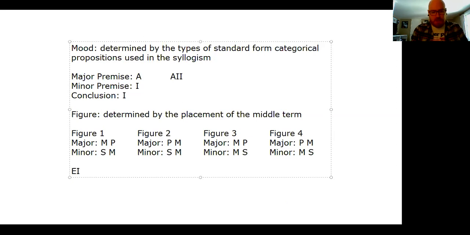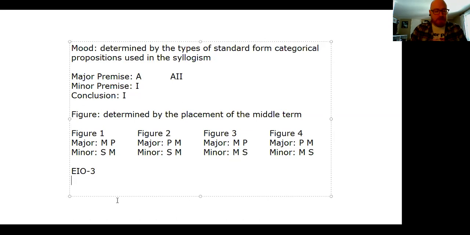All right, let's go over a couple more examples here. Let's do an EIO3. The major premise is an E statement, and it's in figure 3. That means the middle term is going to be the subject term of both premises, right?